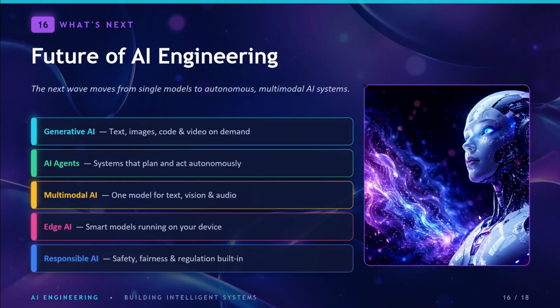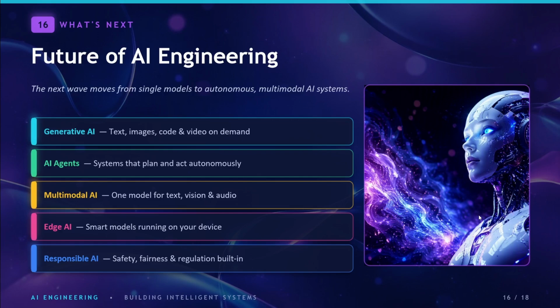Fourth is Edge AI, which means running smart AI models directly on your device like your phone or a smart camera instead of relying on a distant cloud server, which improves speed and privacy.